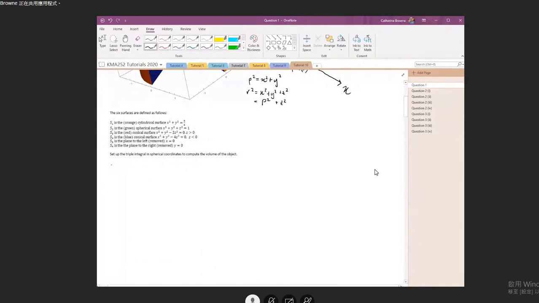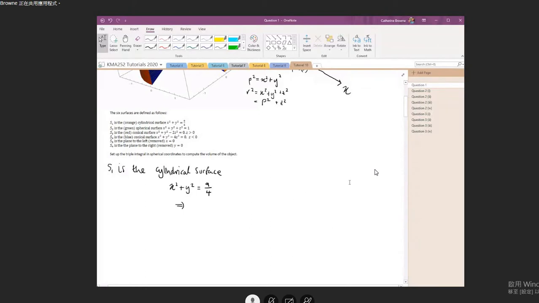I started with surface 1. Surface 1 in my case is a cylindrical surface, and it's given by x squared plus y squared equals 9 on 4.